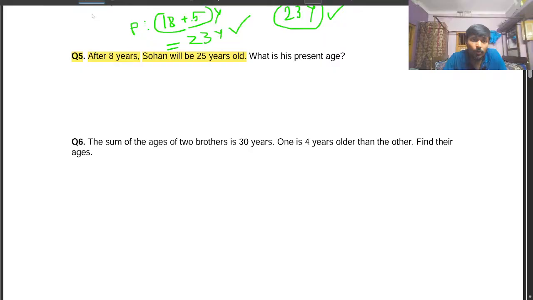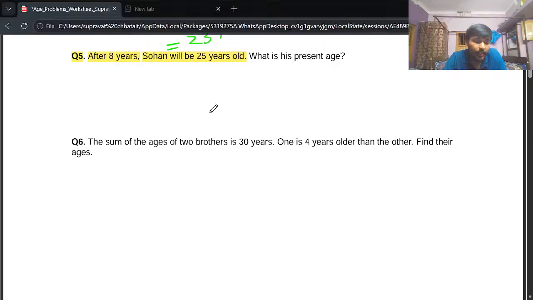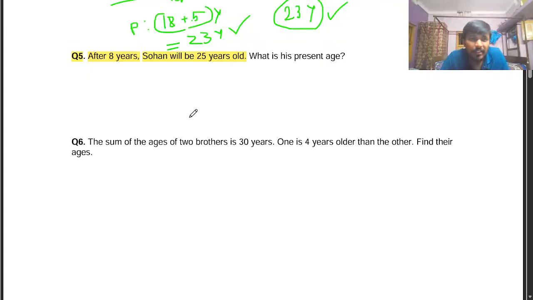So, in this question, after 8 years, that is 8 years later. After 8 years, Sohan's age will be 25 years old.